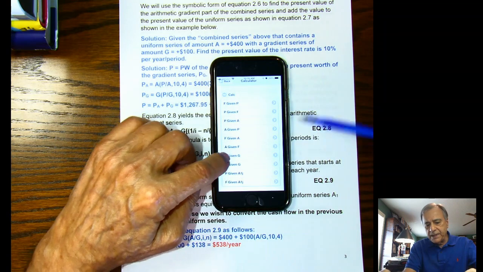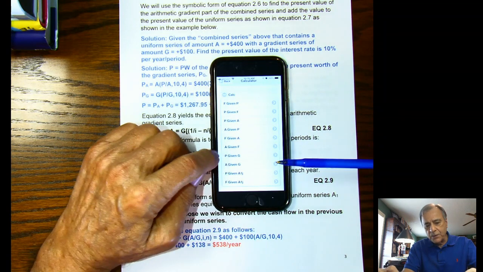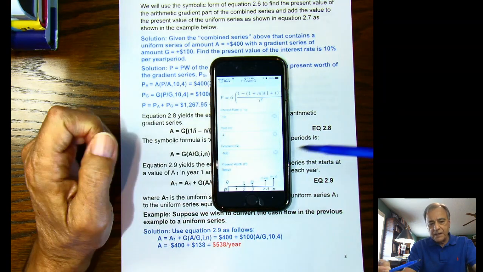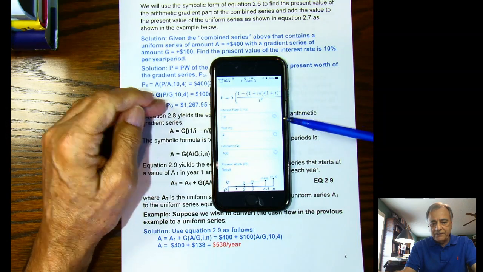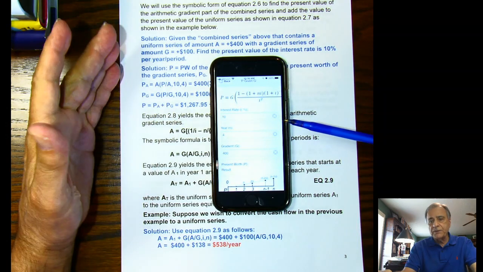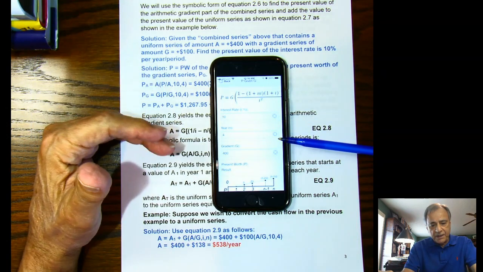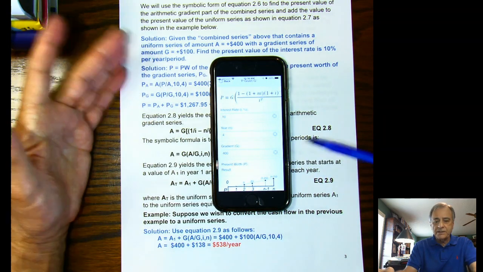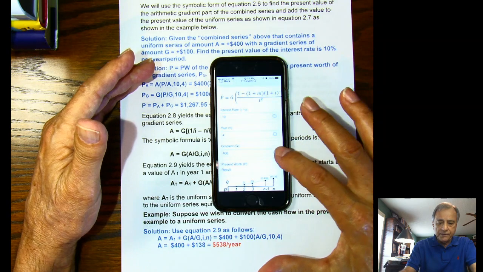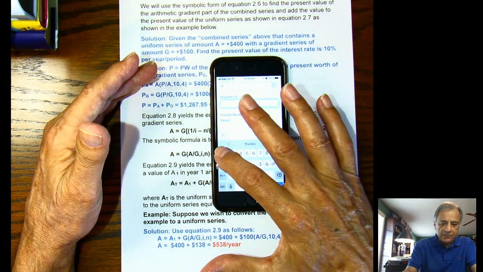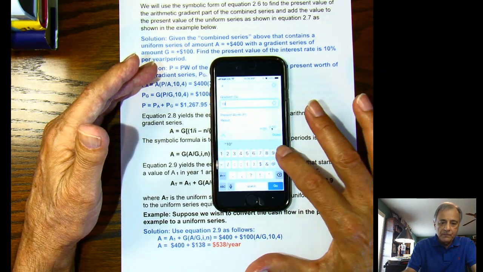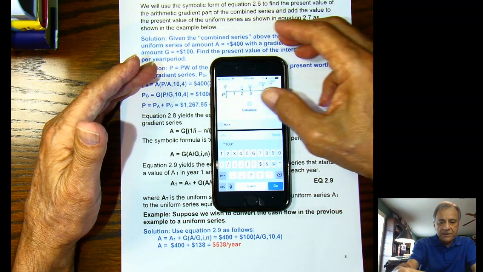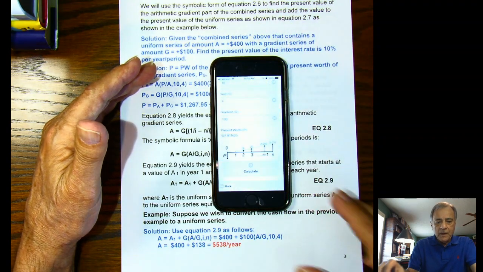There's a P given G that is the 4th from the bottom. I press that. I still have the same interest rate, so I don't have to put anything in. I still have the number of periods, but my gradient value, G, is now 100. So I have to take that out and put in 100. Then I scroll up and tell it to calculate.